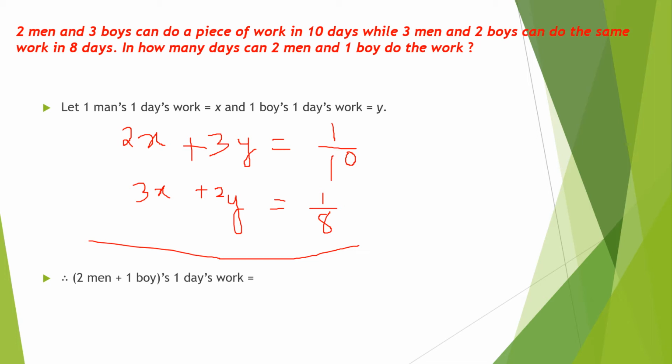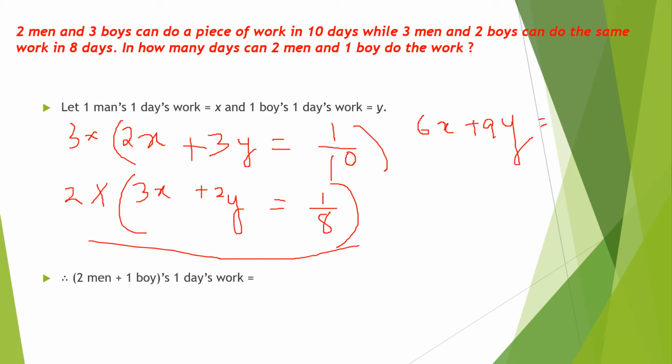To do it easily, multiply to make the coefficients equal. 2 into 3 gives 6, so multiply the first equation by 2 and the second by 3, so that we can subtract them. The first equation becomes 6x plus 9y equals 3 by 10; the RHS also has to be multiplied by 3. That's how it works if you are using this method.